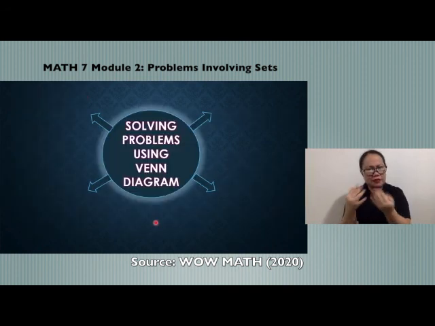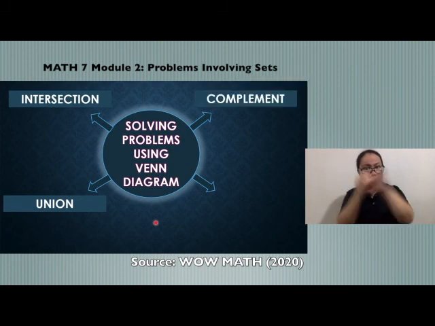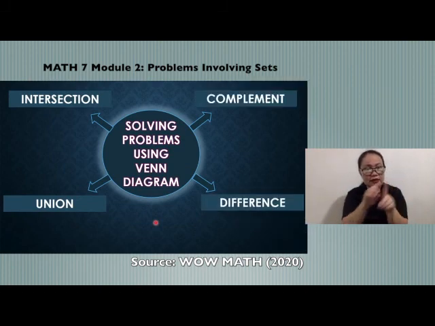Now, in solving problems using Venn diagram, we have to be familiarized with the words or terms used para alam natin kung ano ang ibig sabihin o ano ang hinahanap. So, we have these four terms: union, intersection, complement, and difference. Okay?